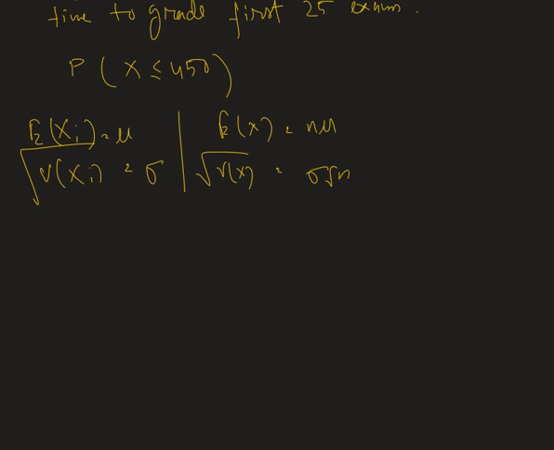As we have been told that mu is equal to 20 minutes, n mu is equal to 25 multiplied by 20, that is 500. And as sigma is 4 minutes, sigma root n is 4 root 25, which is equal to 20.